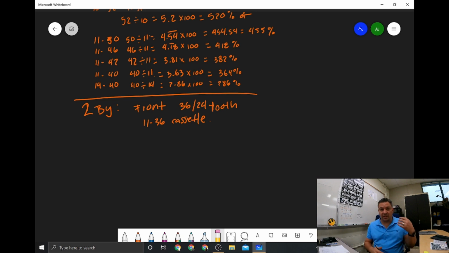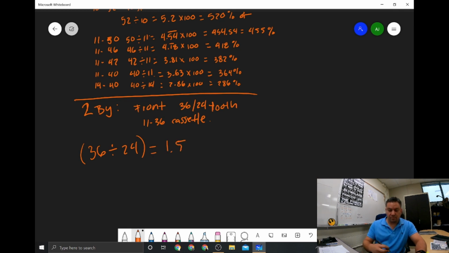So we're gonna divide the bigger chain ring by the smaller chain ring at the front. So we're gonna have 36 divided by 24 in this case, and we're gonna get 1.5. That's what we get, 1.5.